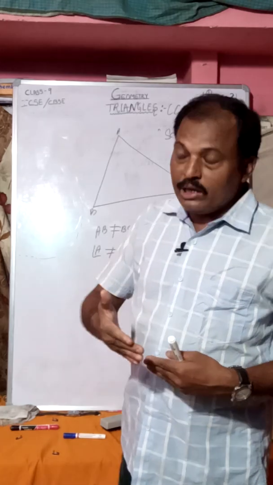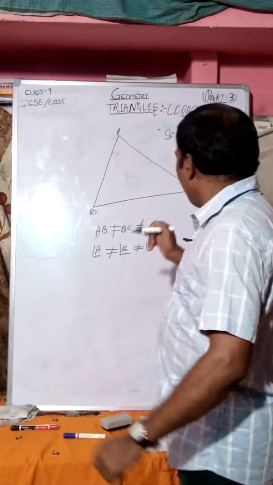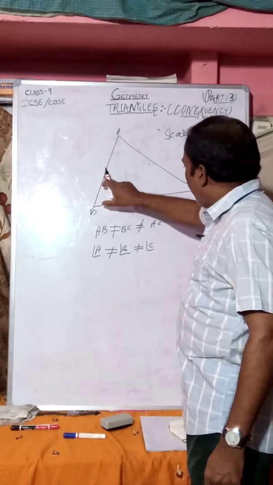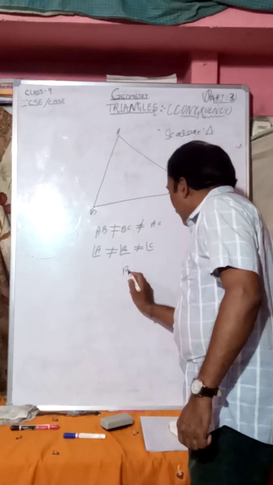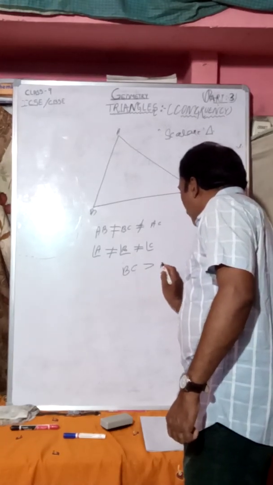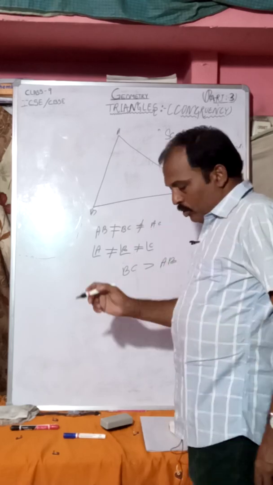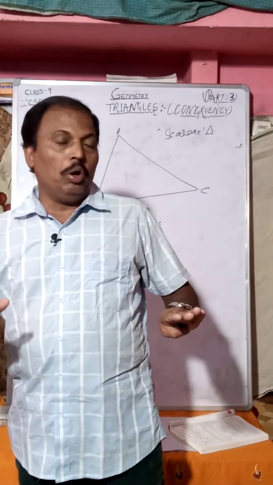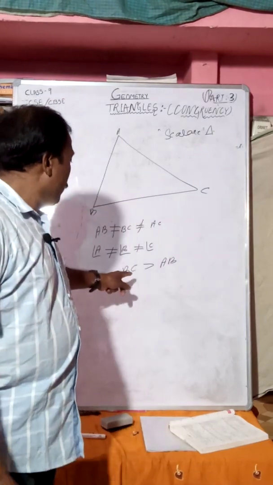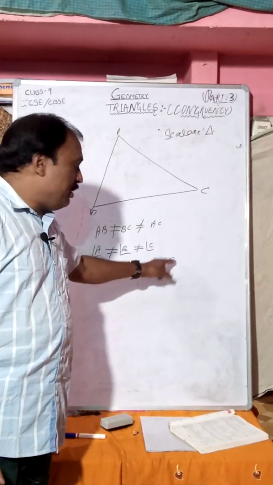Then what is the relation between sides and angle? If we take any two sides, suppose AB and BC. Let BC be greater than AB.